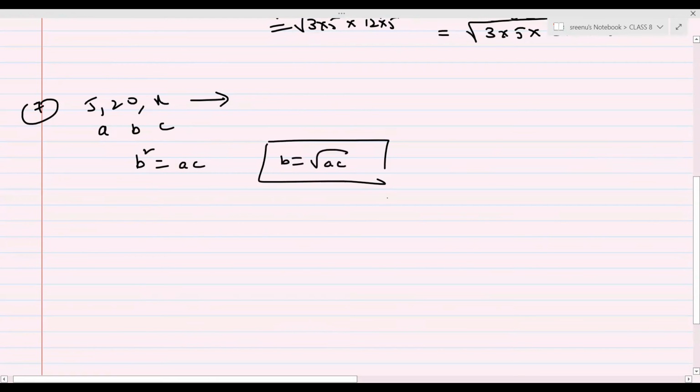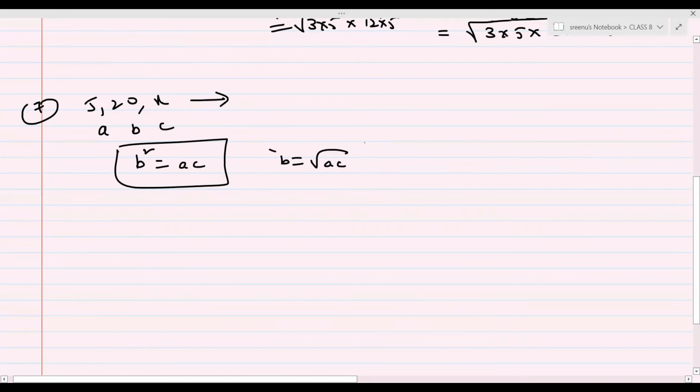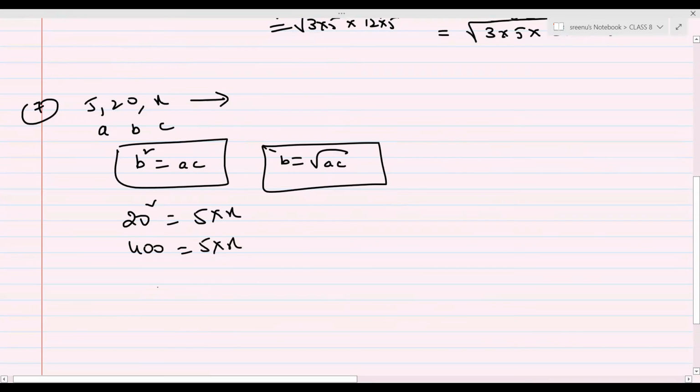You can take either. So B square, in the sense, 20 square is equal to 5 into x. 20 square is 400, equal to 5 into x. x is equal to 400 over 5, which is 80.